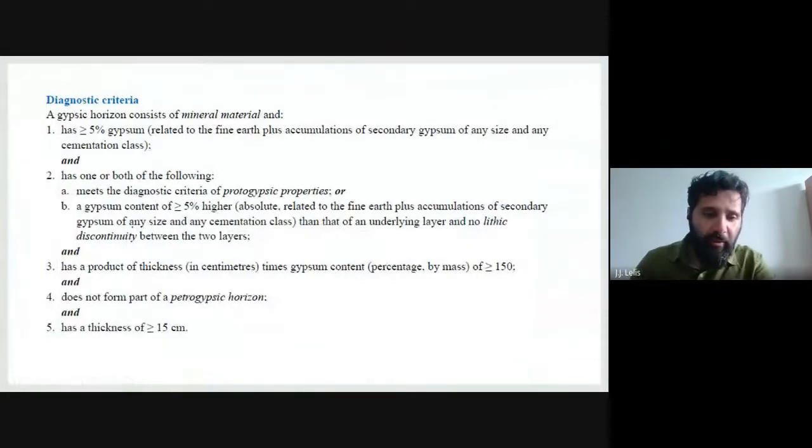So this horizon, as I said, is not cemented. Okay, so the gypsic horizon presents a high content of gypsum, but it's not cemented. It's not part of the petrogypsic horizon, a cemented horizon. And the gypsic horizon presents at least 15 centimeters of thickness.